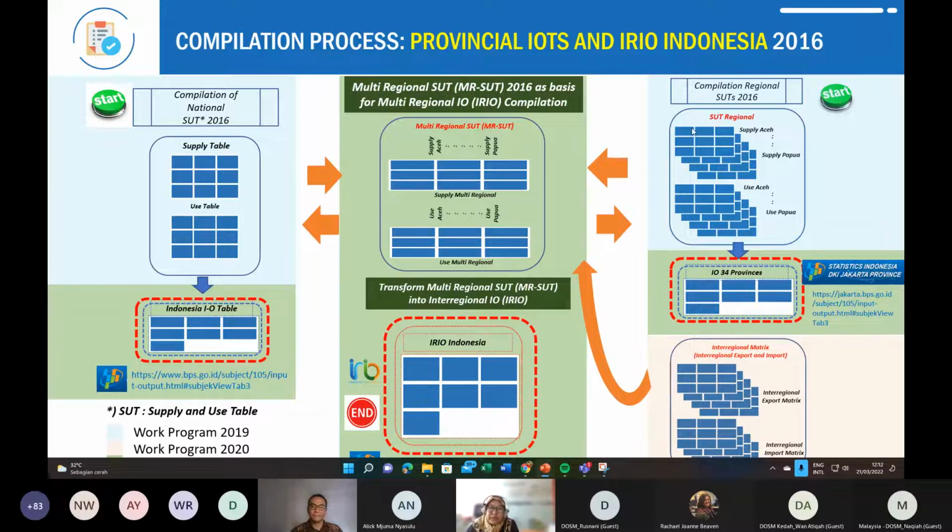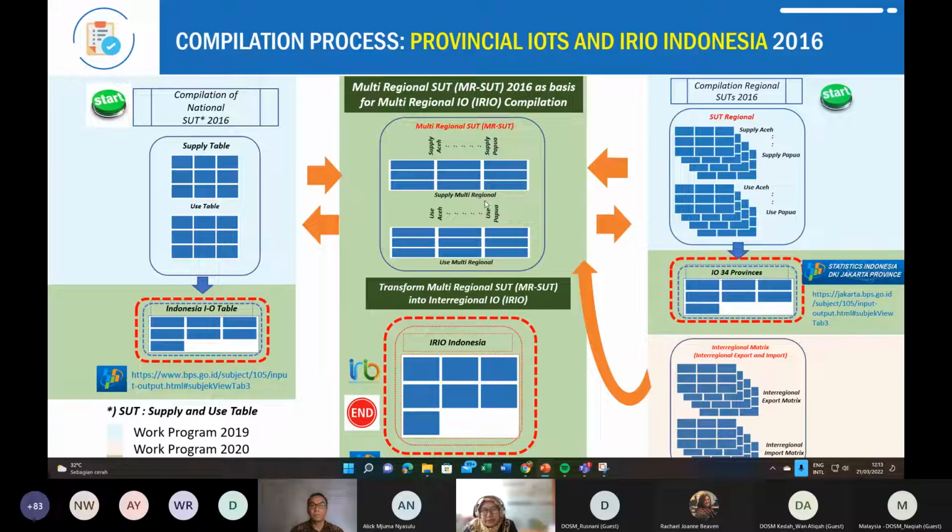So based on the SUT regional 34 provinces, we do reconciliation with Indonesia national SUT to help to check and balance each column and each row in the supply and use system.